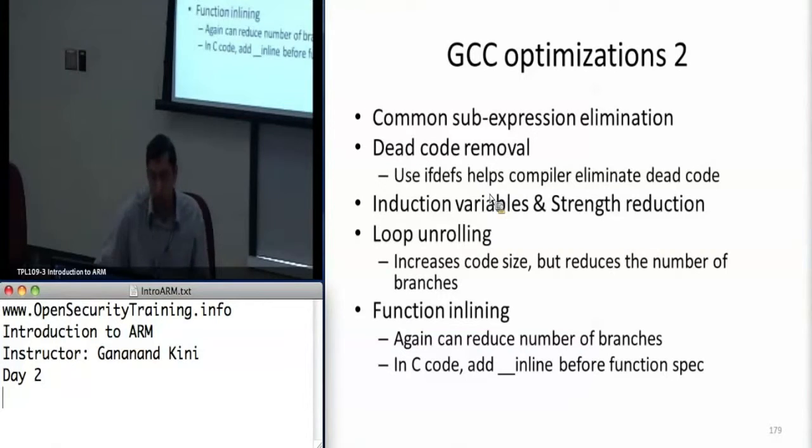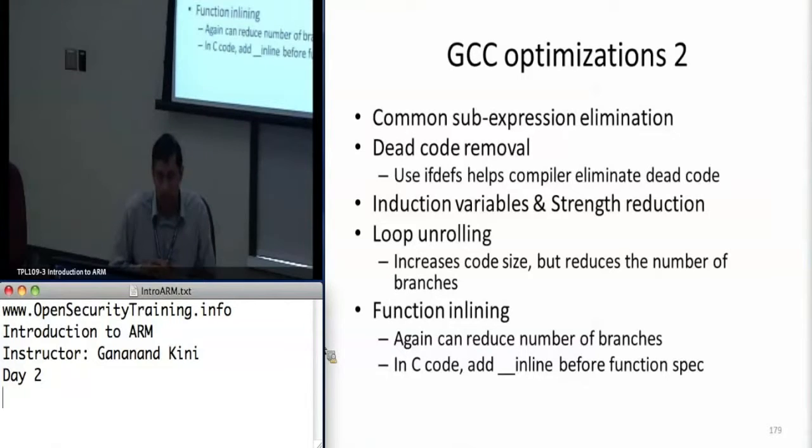So if you use ifdefs, it's pretty easy for the compiler to check the variable state and see if it's ever going to get run, and then remove that piece of code if that define is never set. Another one is induction variables and strength reduction. Induction variables are variables that always increment or decrement in fixed amounts inside of your code.